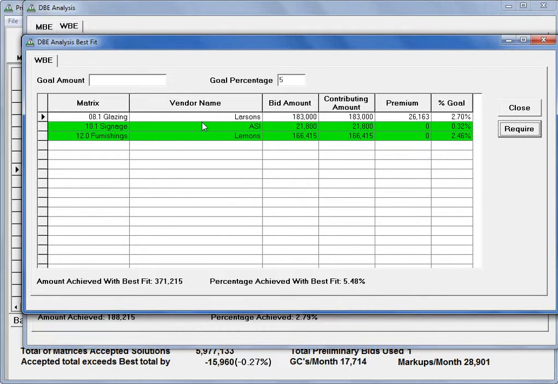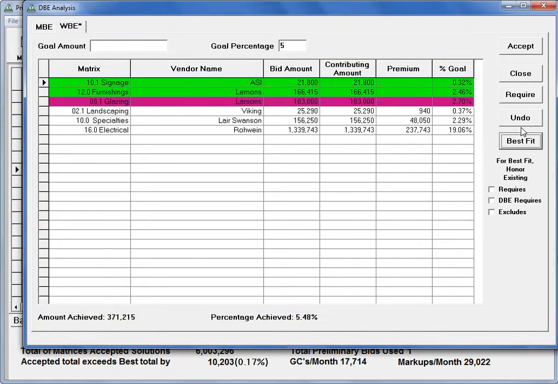In order to use Larson's and require their bid, I hit the Require button, and that will force them to be used in the matrix and turn their bid a special purple color. Again, this has forced this particular bid into the matrix, and thus it's got a new solution in the matrix with a higher amount, and that higher amount is contributed to the total bid plus add-ons to adjust the total bid amount.